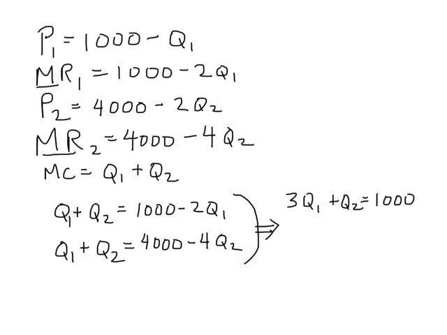We're going to add 4Q2 to both sides, and we get Q1 plus 5Q2 equals 4,000. So I just wanted to get this into a form where I could just eliminate one of the two, Q1s or Q2s. I could either multiply that. Actually, why don't I just do that?